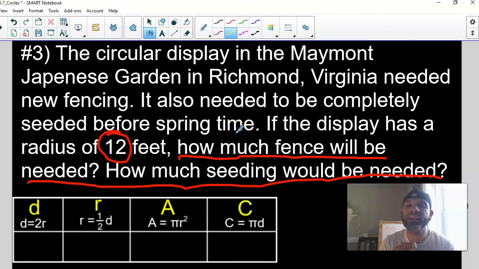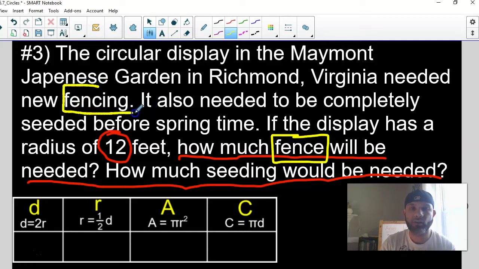Now, what was the big keyword that tells us whether it's an area or a circumference problem? Well, fence means something. If you remember from our chart, if you're talking about putting fencing around a garden, fencing has to do with circumference.